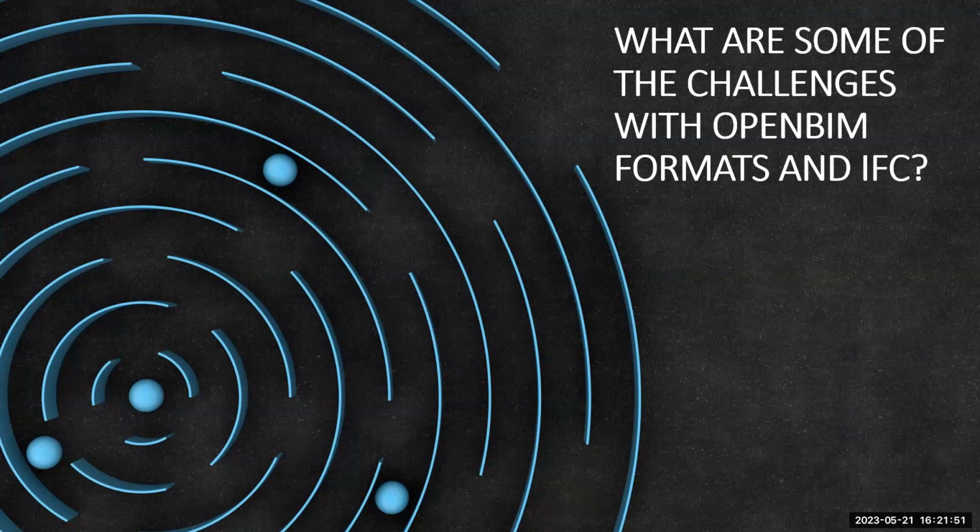To do this, OpenBIM promotes a collaborative model-based coordination workflow. This is where all disciplines work together to create a single BIM model that fits together without errors, omissions, and clashes. This model can be used by everyone involved in the project to coordinate their work and avoid conflicts.